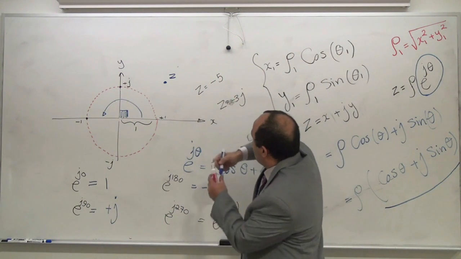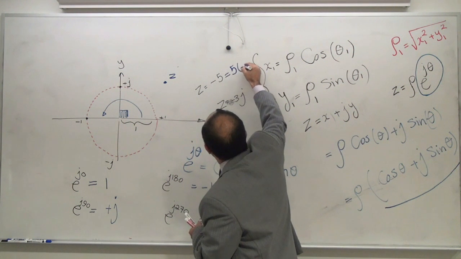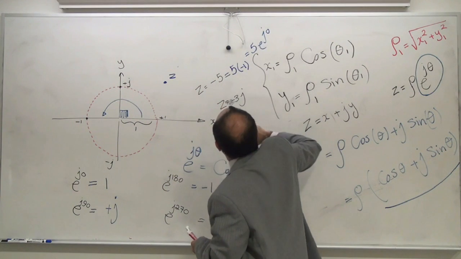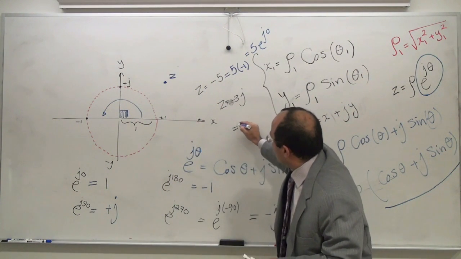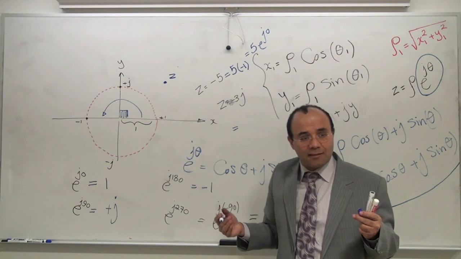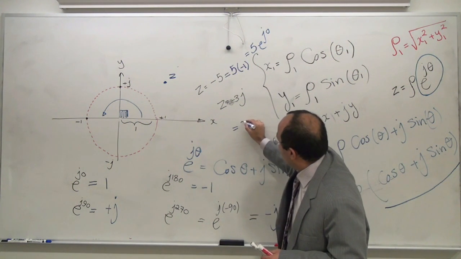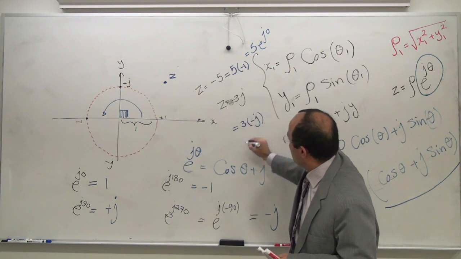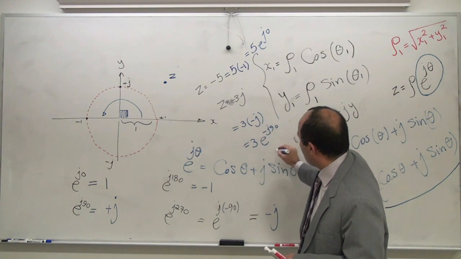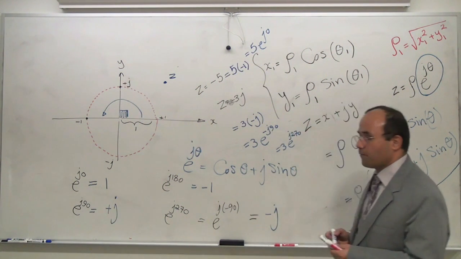When I say minus 5, I mean minus 1 times 5. It means 5 times minus 1. It means 5 e to the power of j0. When I say minus 3j, minus 3, although it is allowed in terms of Cartesian, it is not allowed in terms of polar. So it's actually 3 times minus j. So this is going to be 3 times e to the power of minus j90 degrees, or 3 times e to the power of j270 degrees.